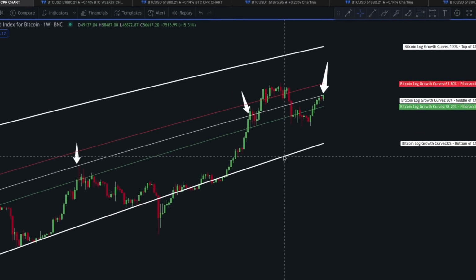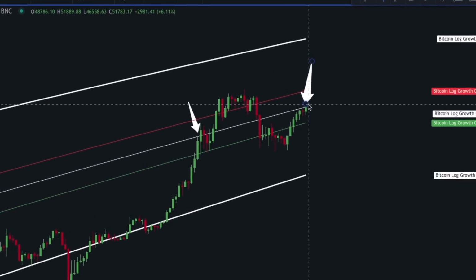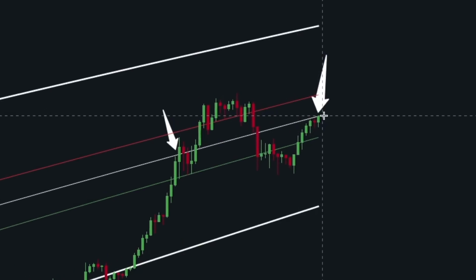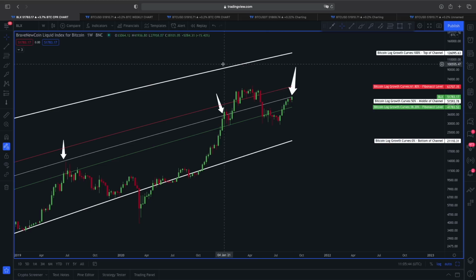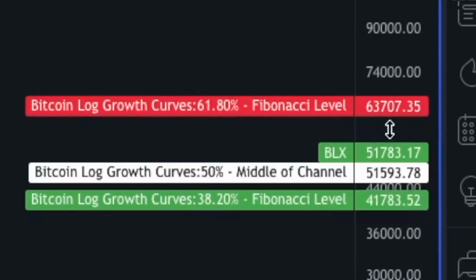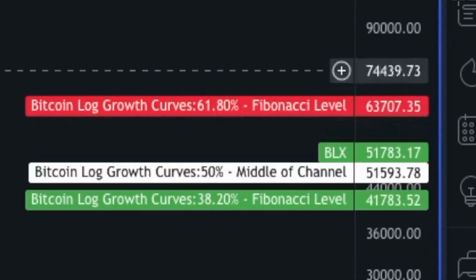So if the price does flip this resistance into support, then the next run is going to be very interesting, because according to this Fibonacci line, the next line, the red line here to the upside, is the 61.80 Fibonacci line, and that is lying around the 63,700 price area.